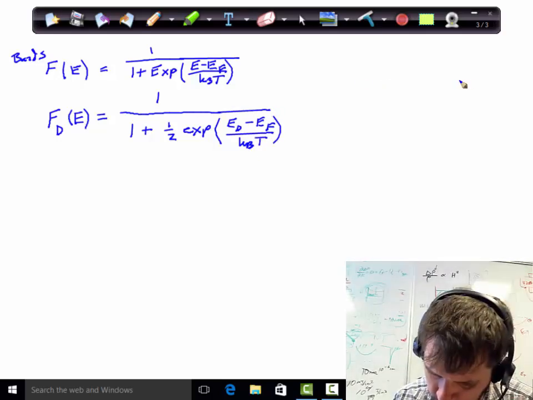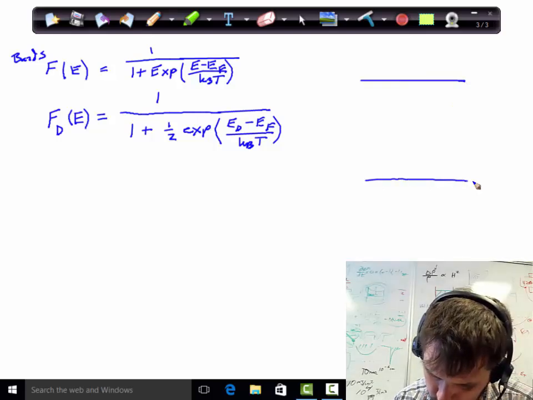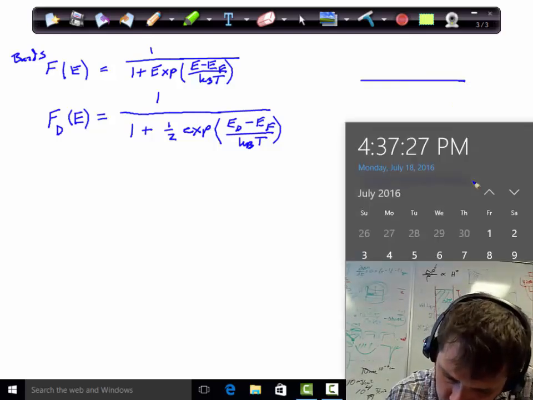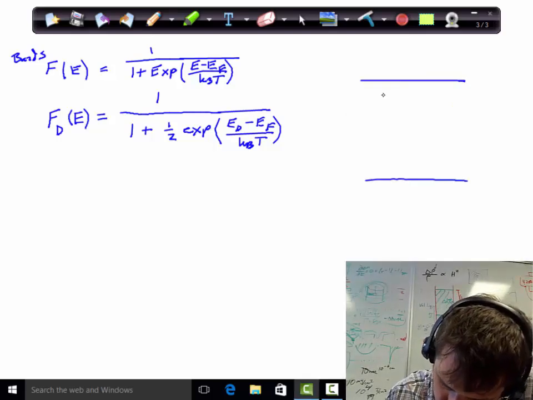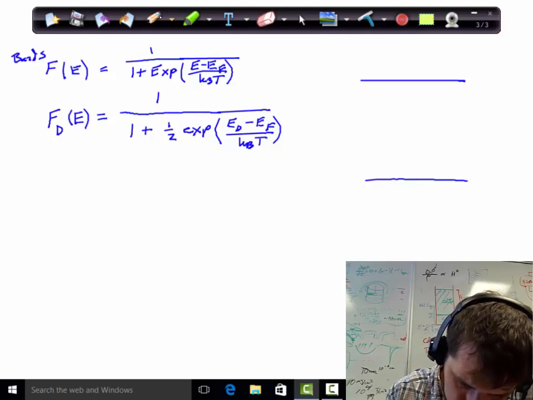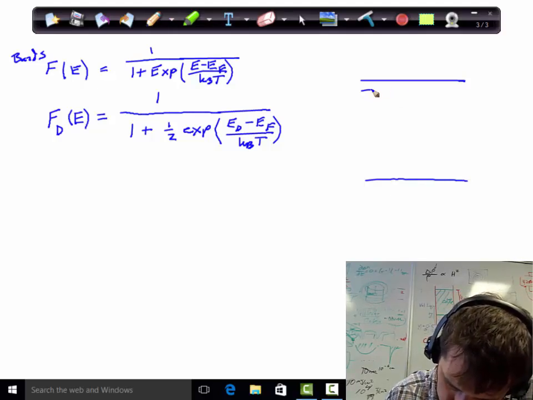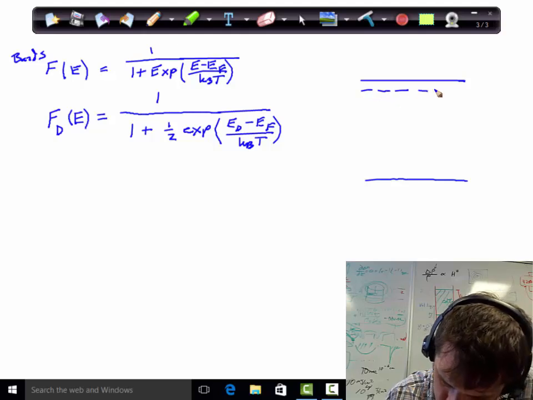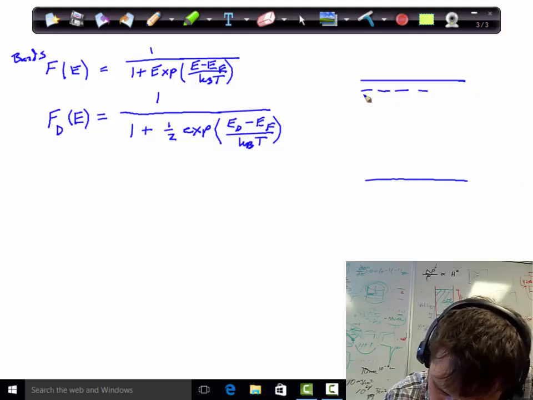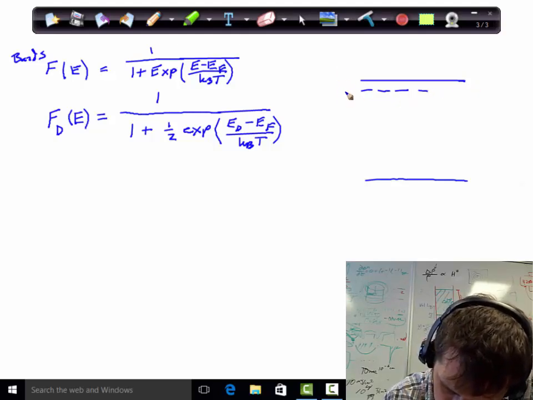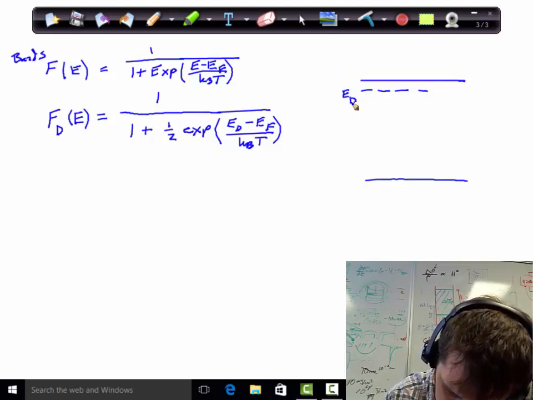So when we're using this expression, it's important to note that the donor energy ED that we're putting there is not the ionization energy, but rather the energy on an absolute scale. So this is ED here.